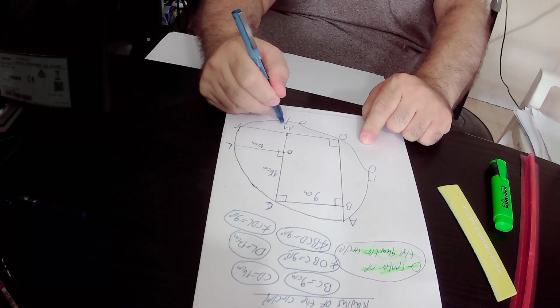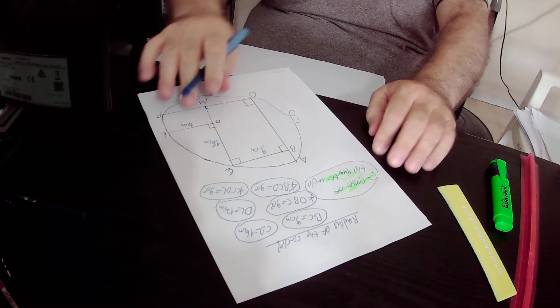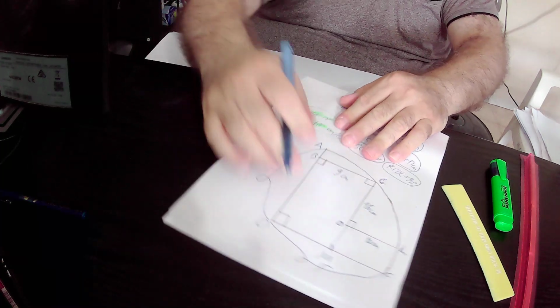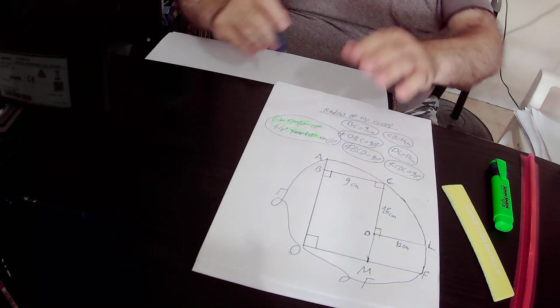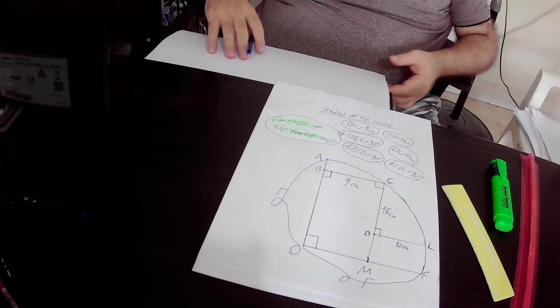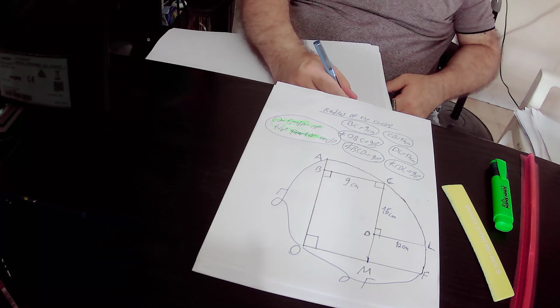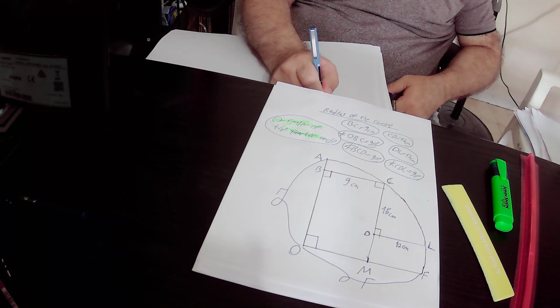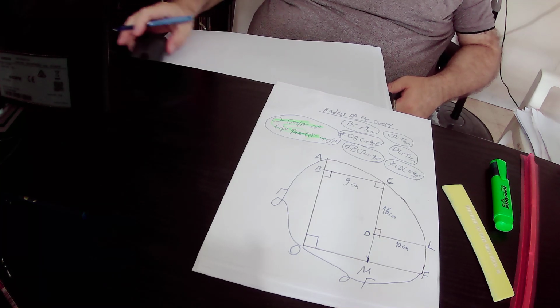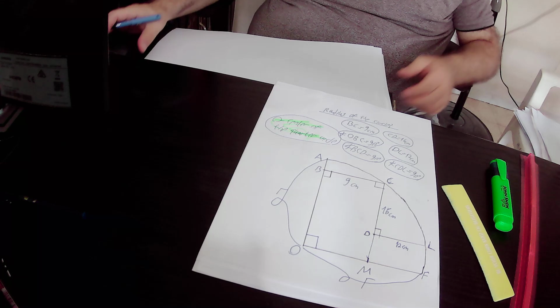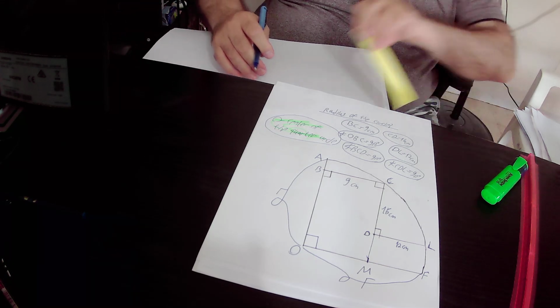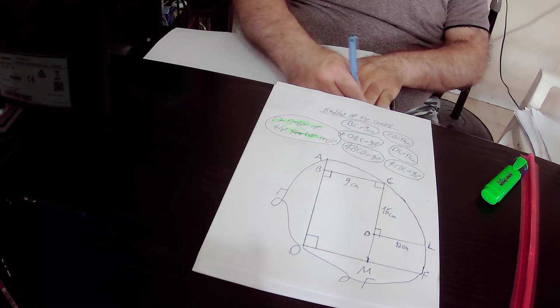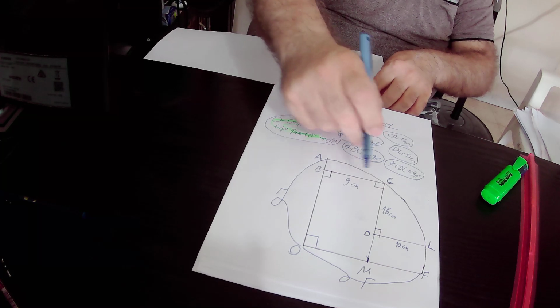So here, by doing this construction, we created quadrilateral BCOM. In quadrilateral BCOM, we have 1, 2, 3 right angles.